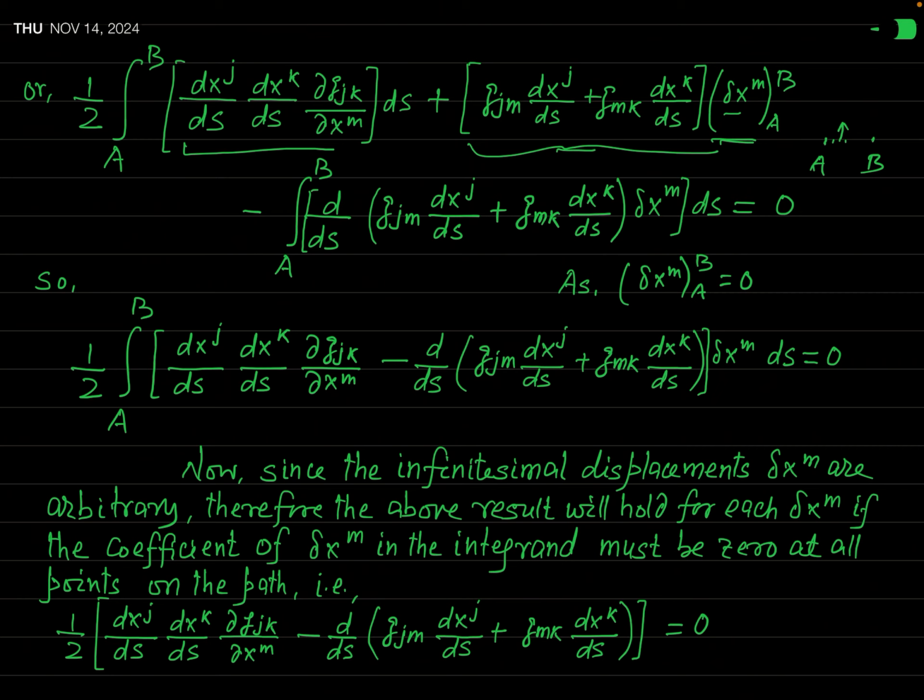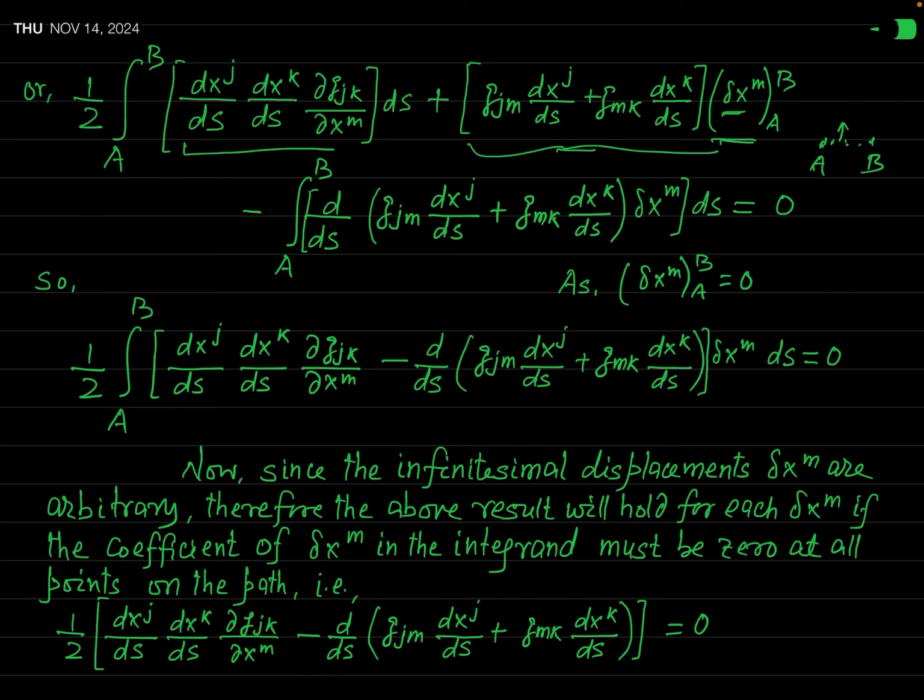This is just like a string fixed at two points. When you discuss the standing wave in a string which is fixed at two ends, then you know always at the fixed ends there are nodes, the points which are permanently at rest, never get displaced. Just like that, I have assumed that point A and point B are fixed, and all other points between A and B have been given this infinitesimal arbitrary displacement delta x_m.